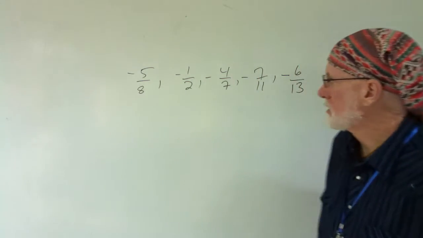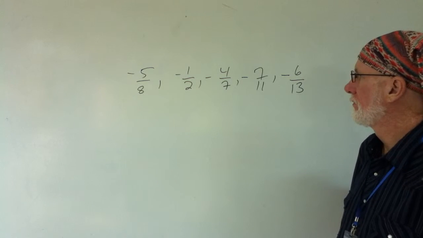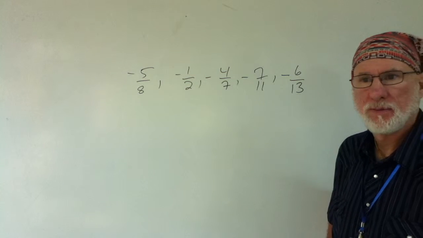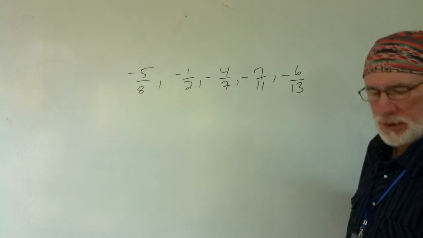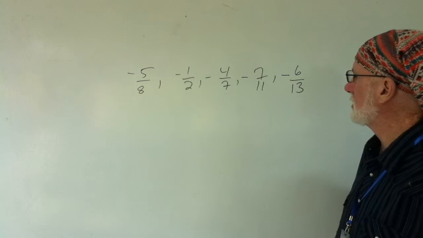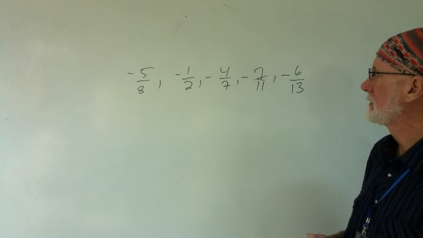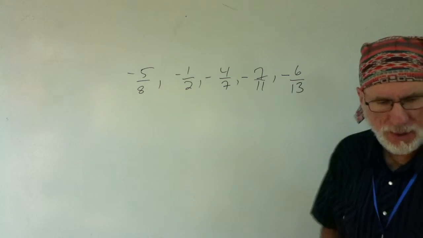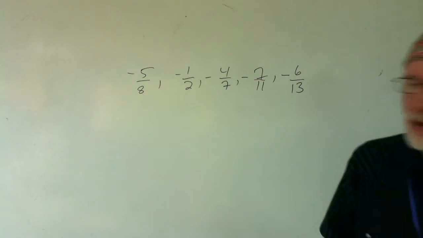So what's going to be the greatest one? Negative 1 over 2, I think. It says descending order, so the greatest to the least. Which one is the greatest? Negative 5 over 8? They're all negatives. Okay, good.